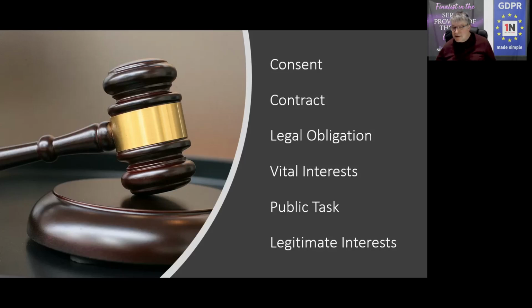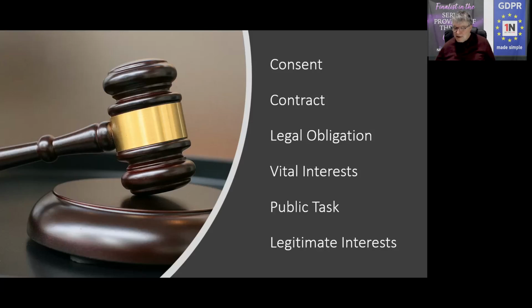But then the final one is legitimate interest, and this is the one that most of the time will be the reason you're holding somebody's data if you're holding it without consent. What this does is use something called the balancing test. The balancing test says, is the risk of me holding that data to the individual higher or lower than the risk to my business if I didn't hold that information?